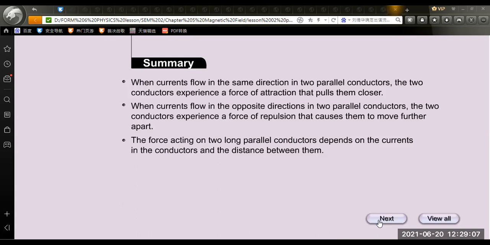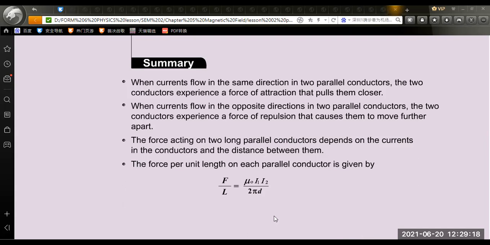The force acting on two long parallel conductors depends on the current in the conductors and the distance between them. Last, the force per unit length on each parallel conductor is given by F over L. Consider both conductors are of equal length.